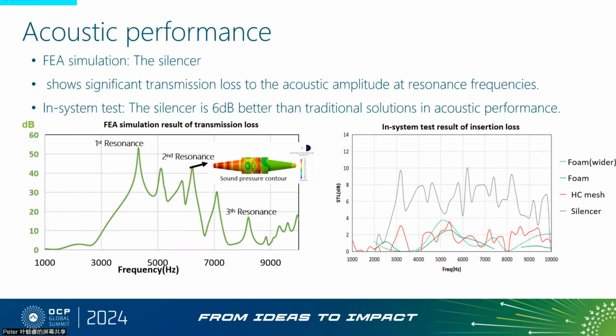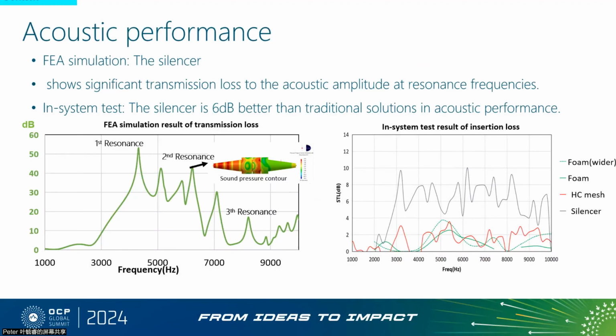It's important to note that a higher transmission loss signifies a more effective silencer within the system. The graph displays 3 distinct resonance peaks, with additional peaks that are considered side effects of the primary resonance.